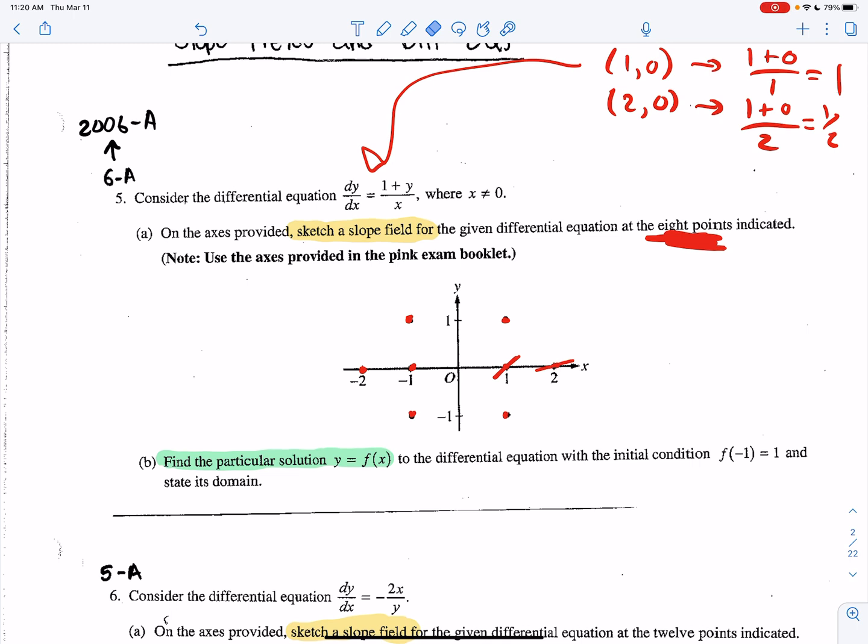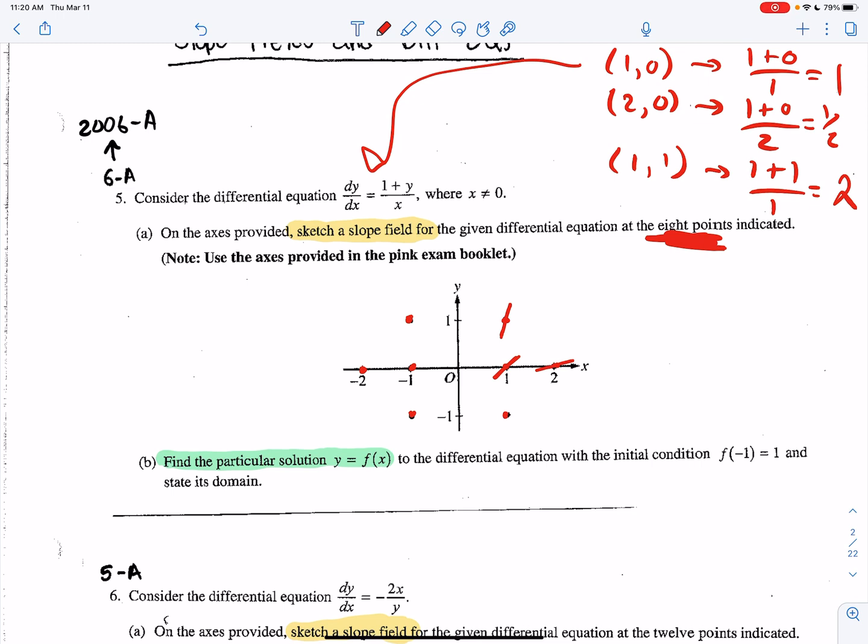Let's keep going. 1, comma 1 here is 1 plus 1 over 1, which is 2. 2 is the largest positive slope I have here, so it has to be visually steeper, so more vertical.